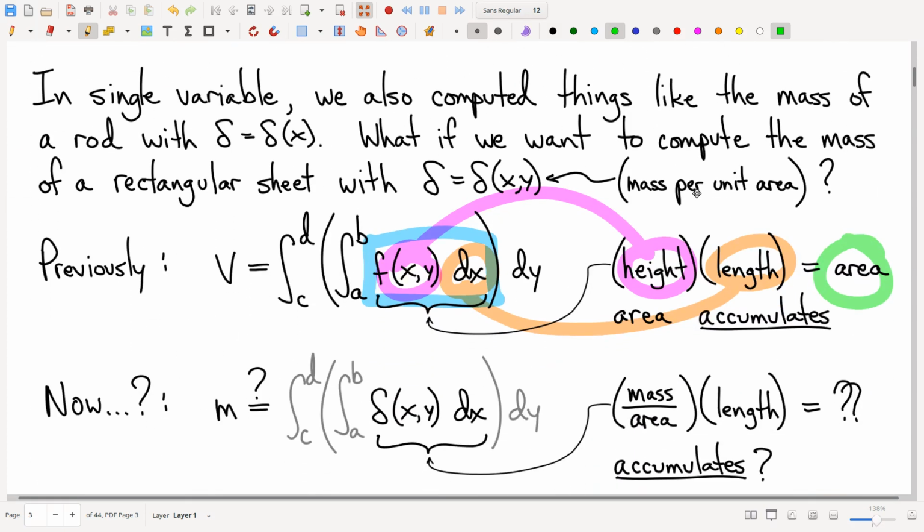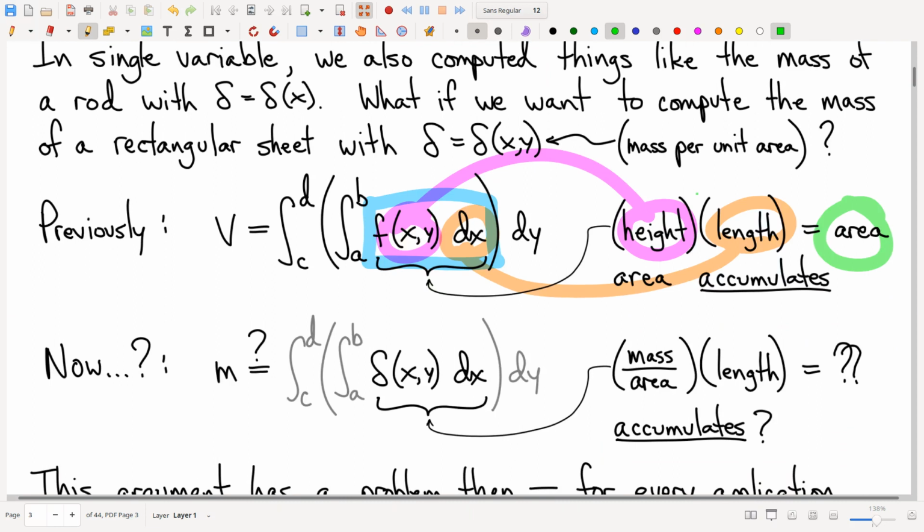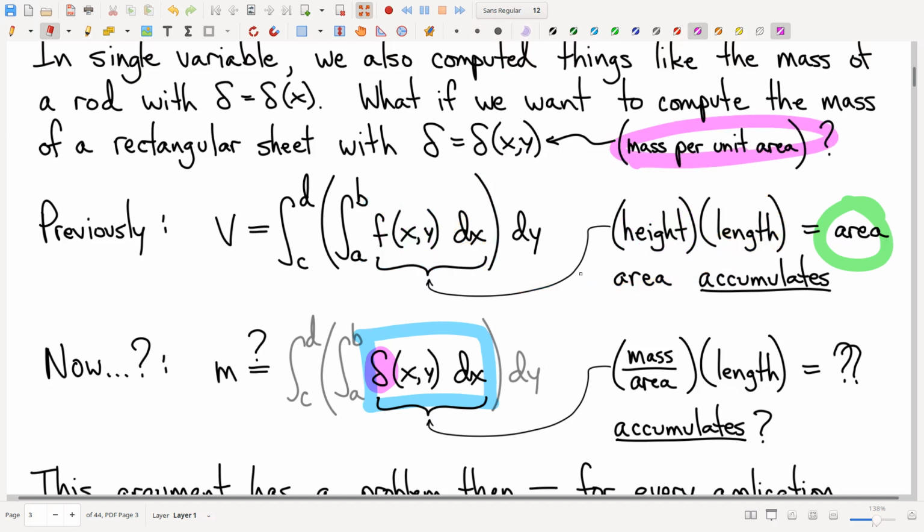Okay, now let's try to do that down here, and inside of this integral where we've sort of naively just, like in single variable, put density in there. This would be mass per unit area in this case, and let's see if it works.